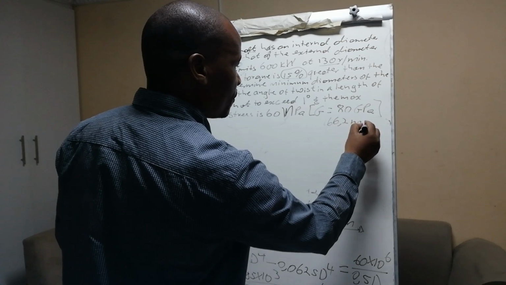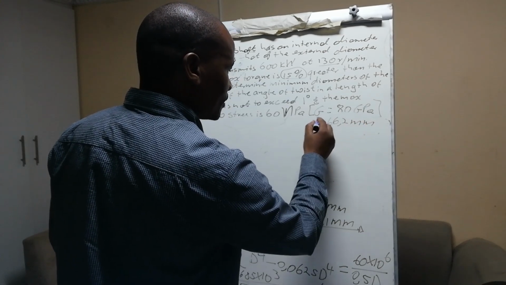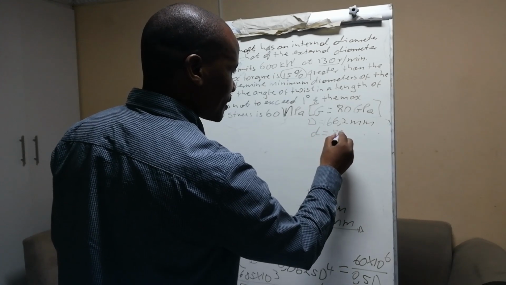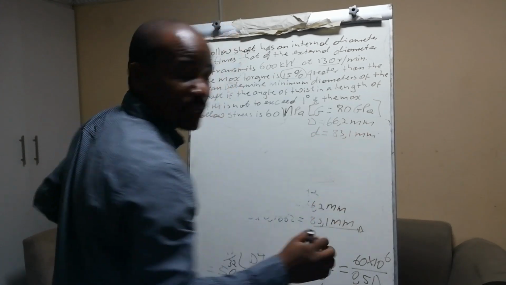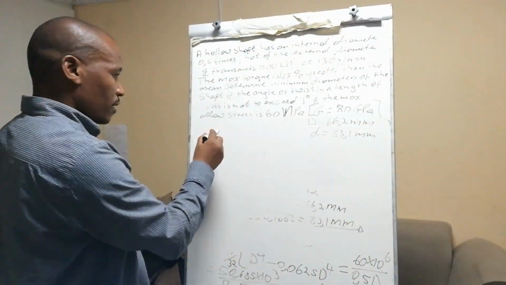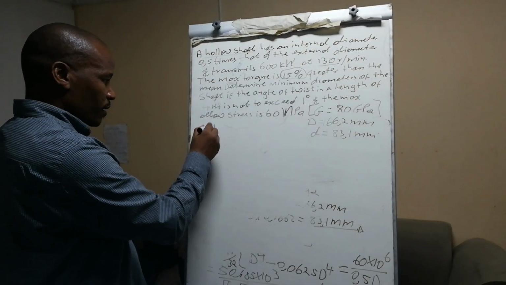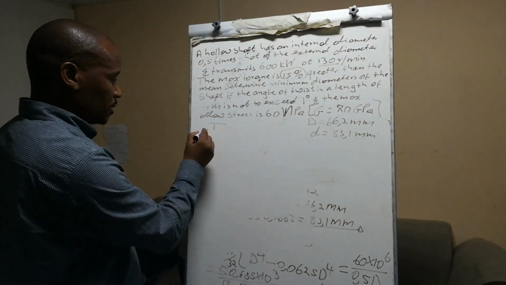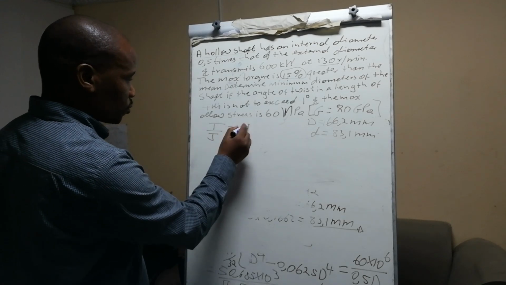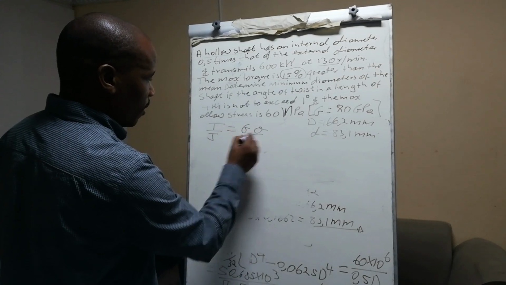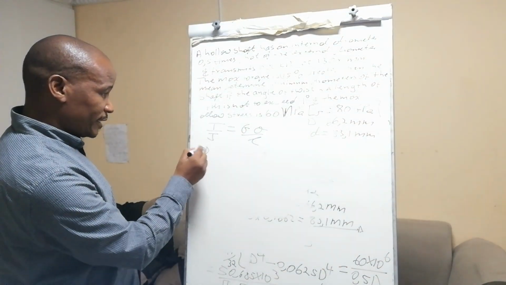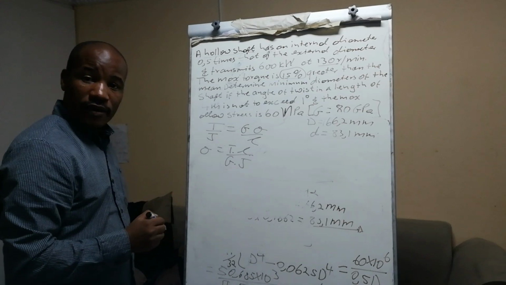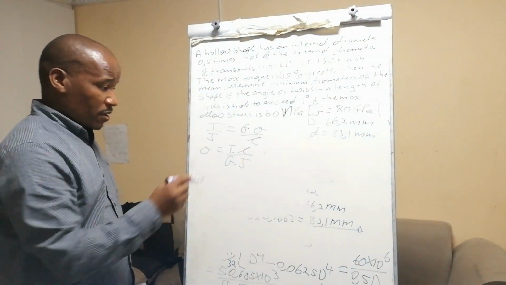It's 166.2 millimeters, and this is equal to big D. Small d is equal to 83.1 millimeters. I just want to show you something, or you'll finish this problem yourself. But look, T over J is equal to G theta over L. If you calculate theta, TL over GJ, what's going to happen?